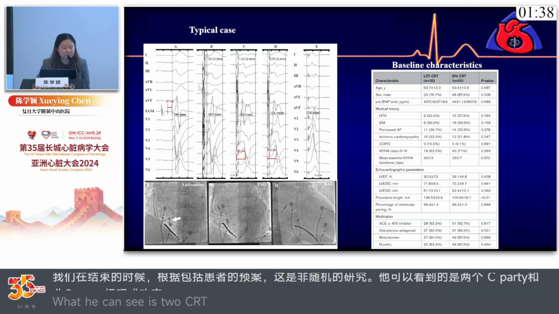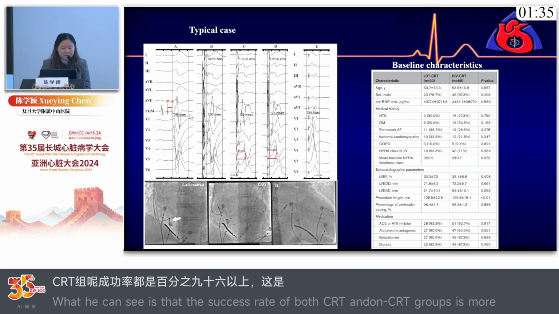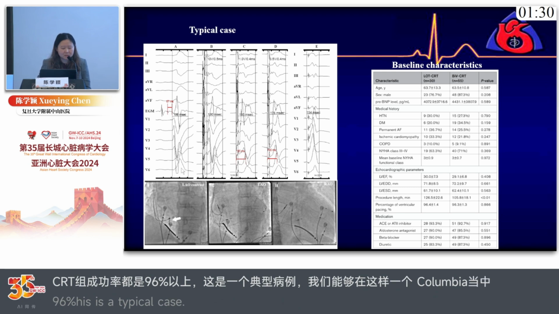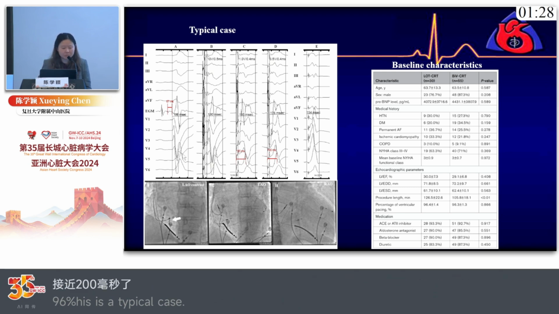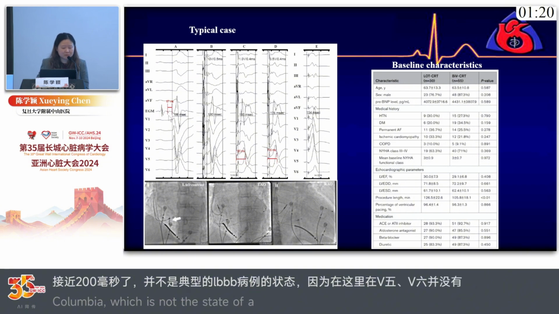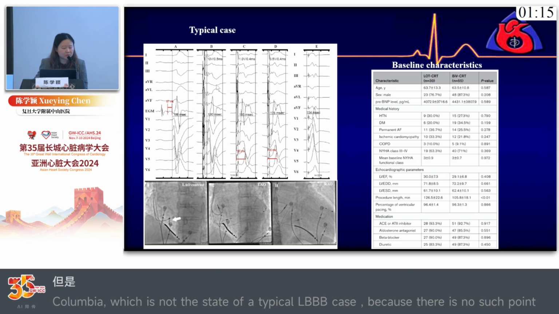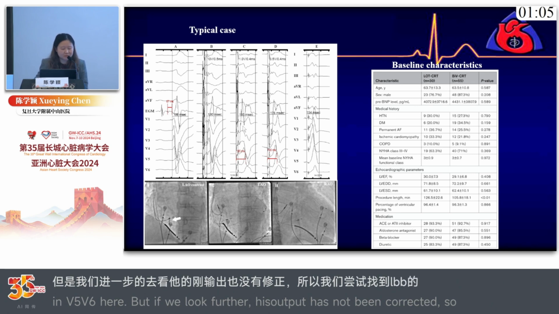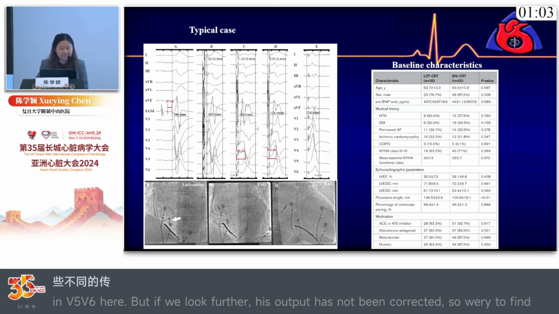Here is a typical case. We can see a wide QRS duration, nearly 200 milliseconds, and it's not a typical LBBB case because there's no notch at V5 or V6. We mapped his bundle first, and with high output there's no correction at all. So we tried to find LBB pacing and to have a different transition from non-selective to selective LBB pacing.